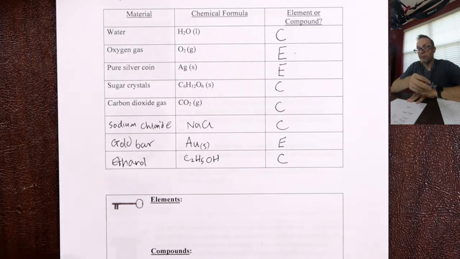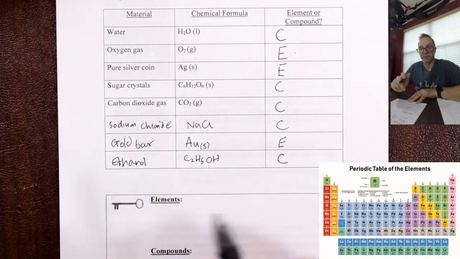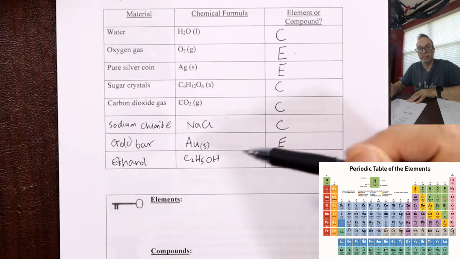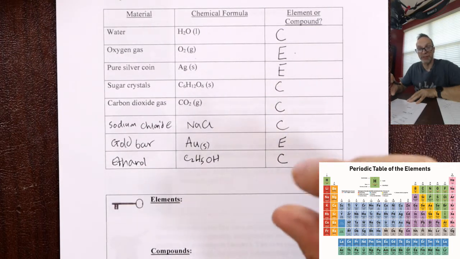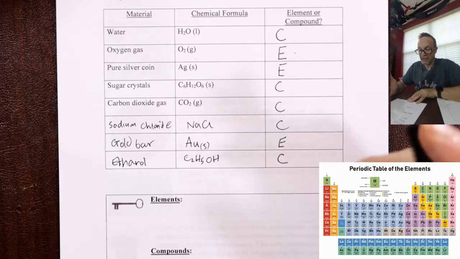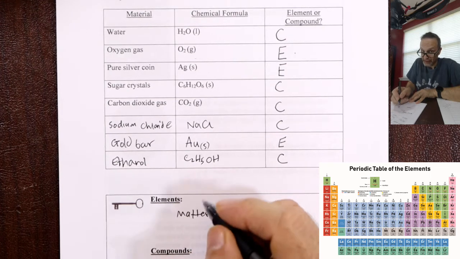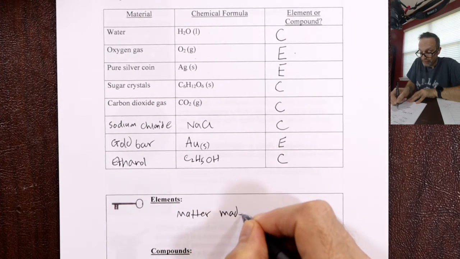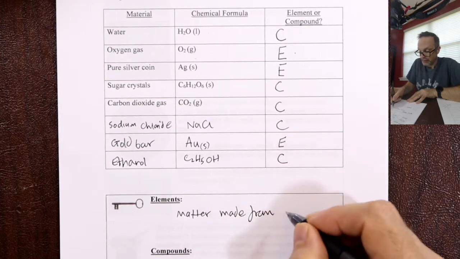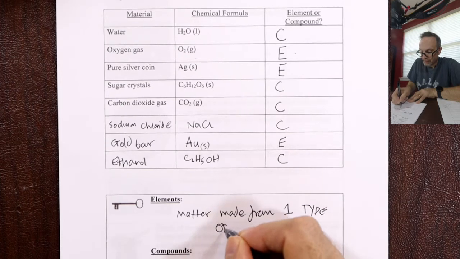It's called the periodic table of the elements for a reason, because every box in the periodic table is telling you, hey, this is a type of atom. There's 119 types of atoms, as we know. Each one, when linked to others of its kind, is an element. So an element is basically matter, and it doesn't matter how many atoms, the key thing is one type of atom.